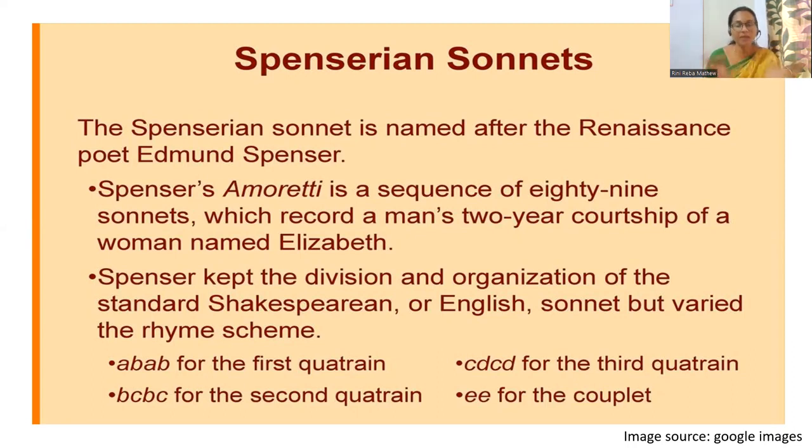Together, Shakespearean and Spenserian sonnets are known as English sonnets because both follow the same stanzaic division of three quatrains followed by a couplet, but the rhyme scheme is varied in both sonnets.